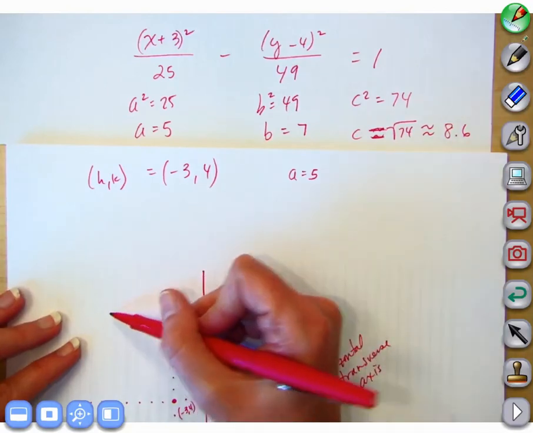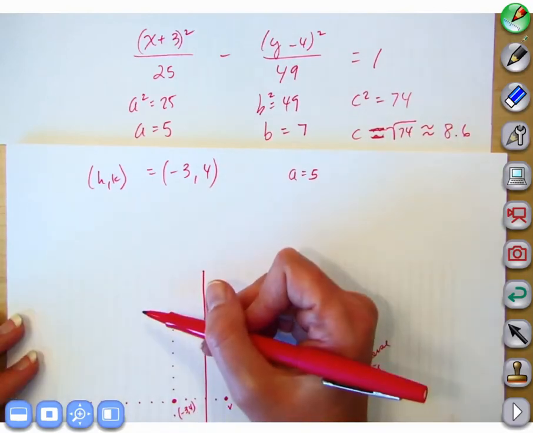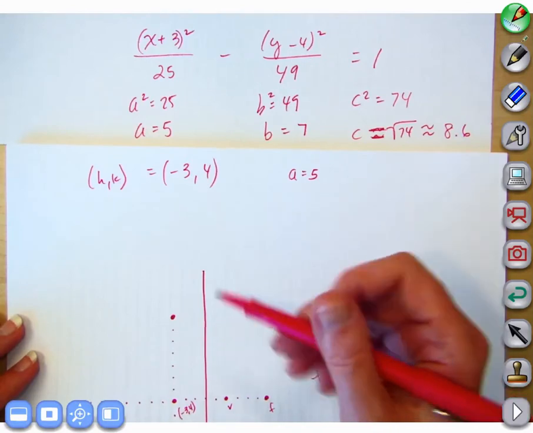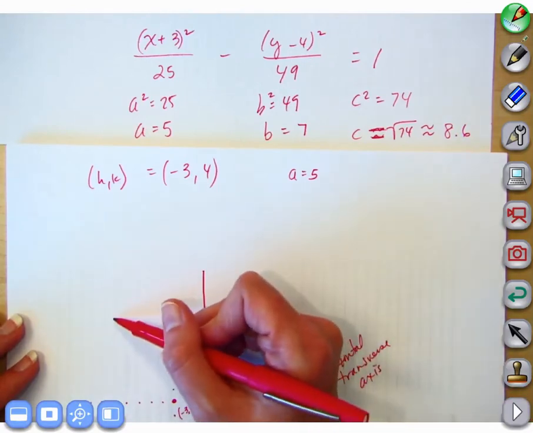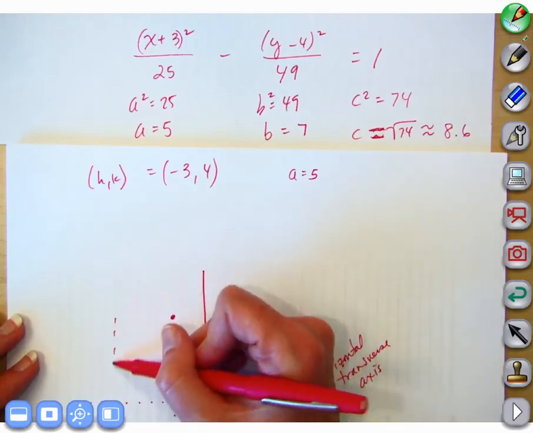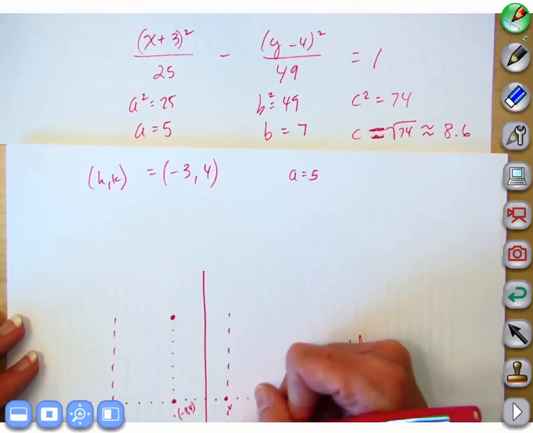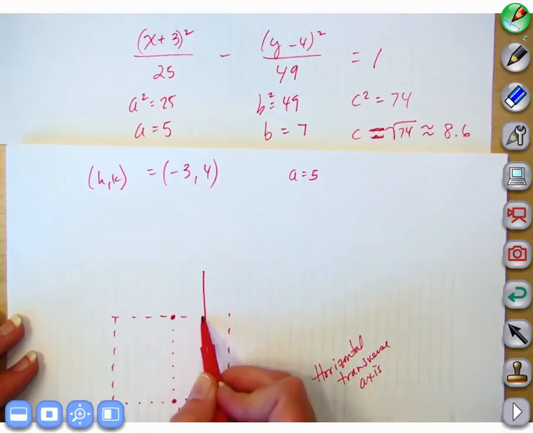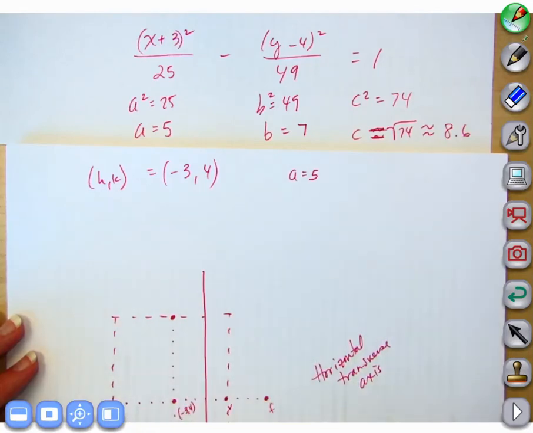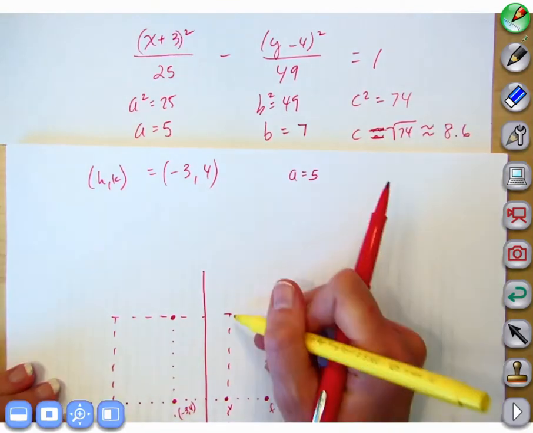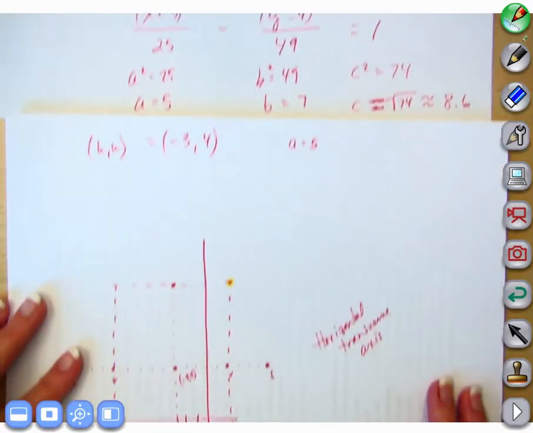So the box is going to go through the vertices, and then through those 2 endpoints of the conjugate axis. So there's your box.